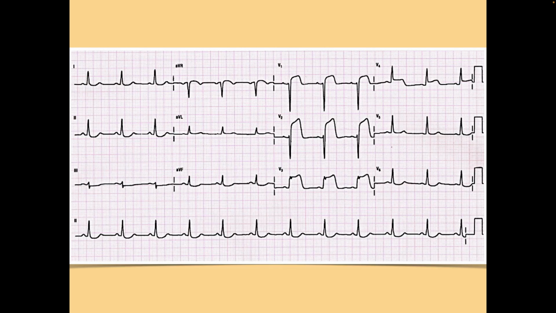If we look at this one, who's got the pointer? Okay, Spencer, in the V leads, where do you see ST elevation? In the septal leads? Point to which ones you see. That one and that one. V1, the J point's right there, and those are pretty far off, so I'd say that's elevation.